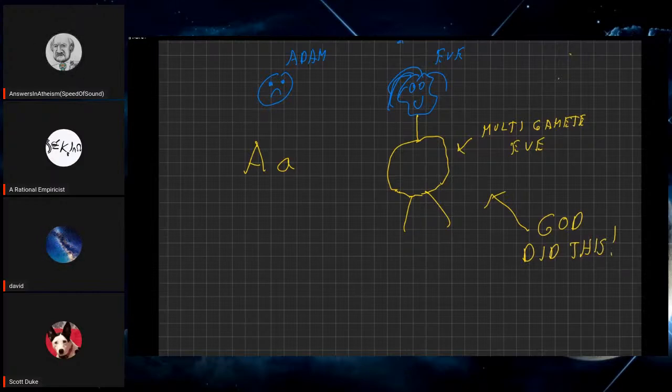Yeah. Well, they came up with a little fix for created heterozygosity, and they said, okay, fine. Adam has uppercase A, lowercase a, but Eve has B and BB, but she has multiple zygotes. So God created all these different genomes inside of Eve. So God repeatedly raped Eve and gave her all these different combinations of eggs inside of her when he created her.